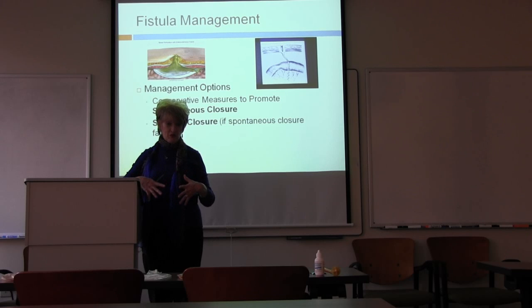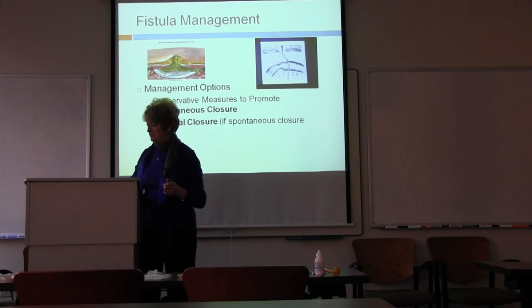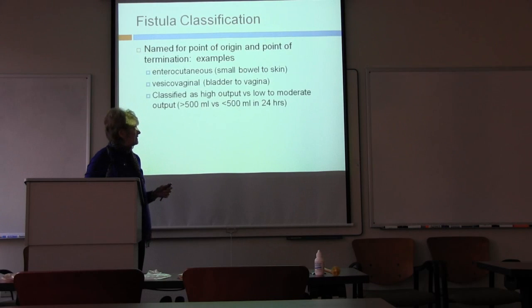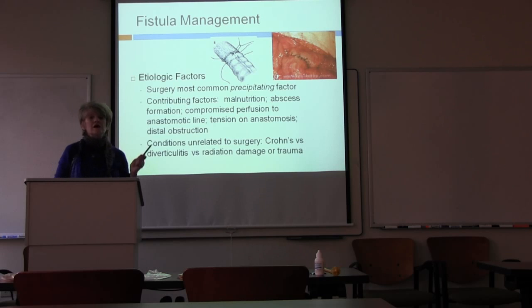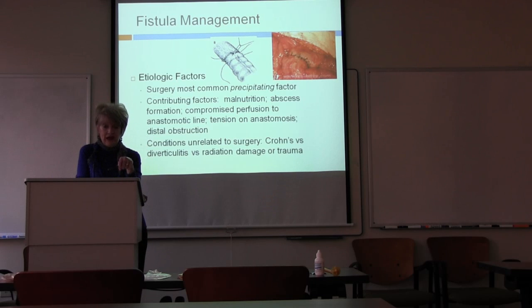So now we have an open wound, and within a couple of days, we have small bowel drainage into that open wound. Okay, let's go back. So breakdown of an anastomotic line following intestinal surgery is by far the most common precipitating factor. Well over 90% of fistulas do occur in patients who have recently had bowel surgery.